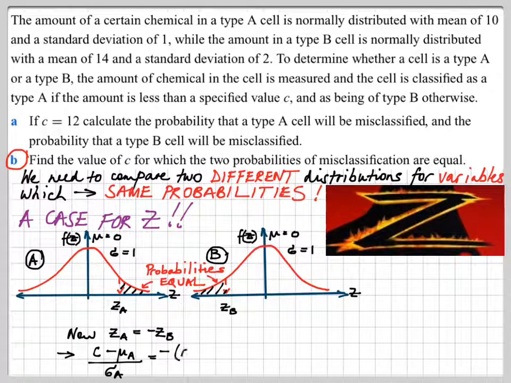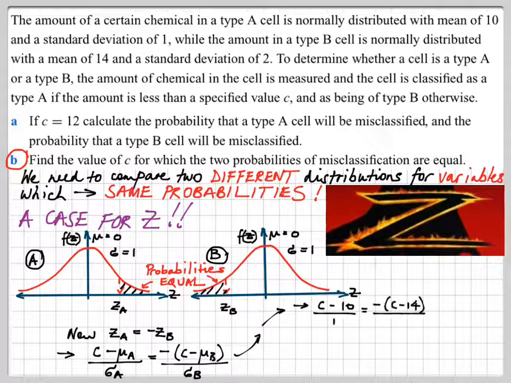So what we're saying is that C, our value that we've got to get, minus mu A over sigma A, is equal to minus (C minus mu B over sigma B). That's what I'm saying, that ZA is minus ZB. Now we can fill in all the numbers except C, and he's ours for the taking.